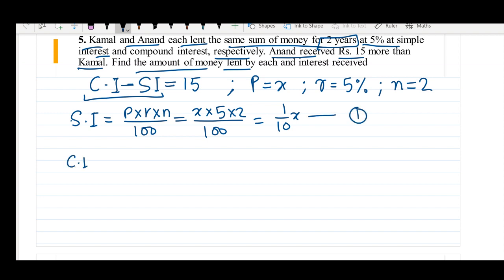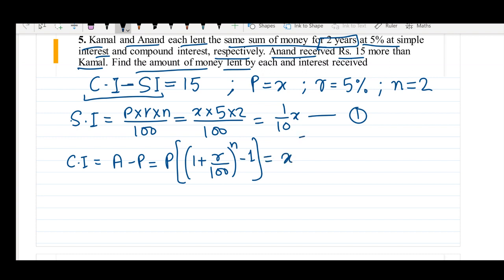Next is CI. CI is A minus P. I'm going to write directly. It is P times 1 plus R over 100 to the power n minus 1, and let's substitute the values. P is X, and then 1 plus 5 over 100 to the power 2 minus 1, and then we can cancel it 1 times and 20 times.